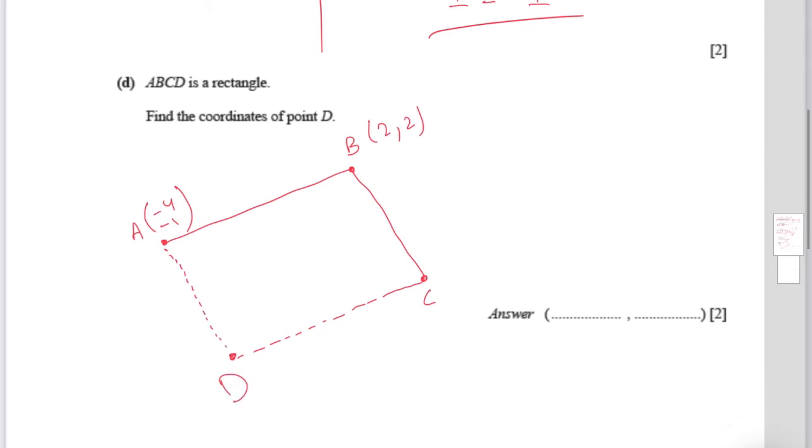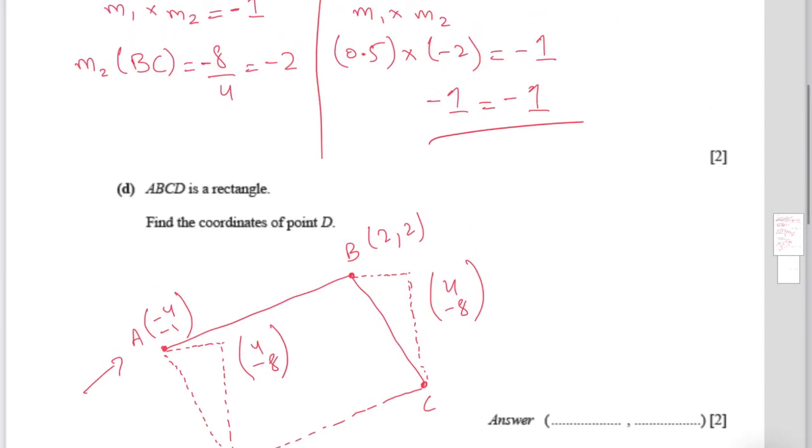So first, we look at the vector BC. BC is a vector that connects B and C with the coordinates (4, -8). That means A and D would also be connected by the same vector, which goes from A 4 points to the right and then 8 points to the bottom. So in order to find OD, or in other words D, you add OA and the vector BC or AD, whichever one you call it.